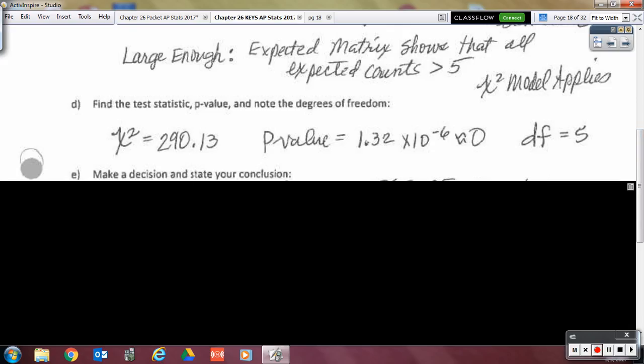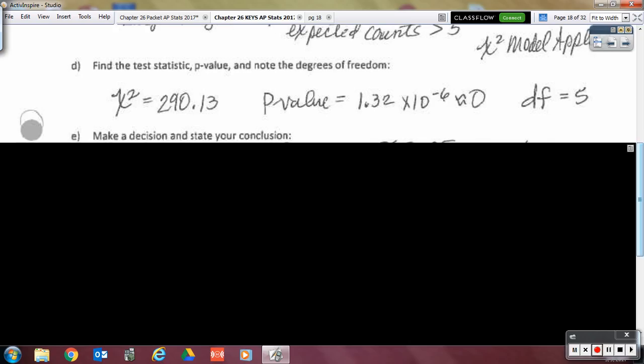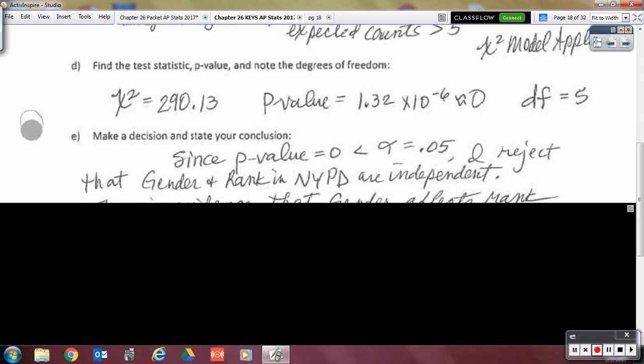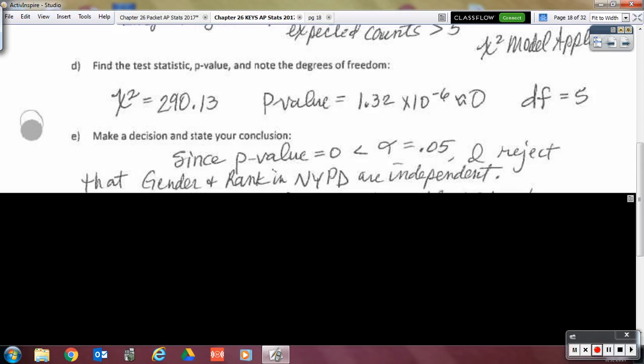So what's my decision going to be? With the p-value less than alpha, I reject, what am I rejecting? That they are independent of each other. So I'm rejecting that gender and rank in the NYPD are independent. So I have evidence that the alternative is true.